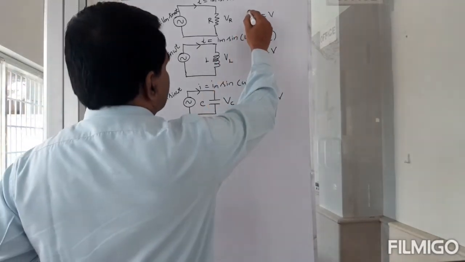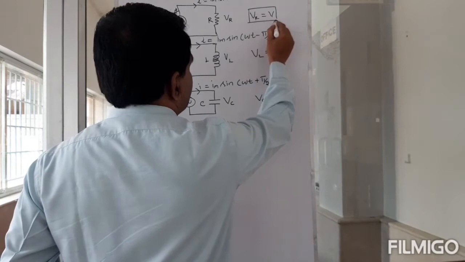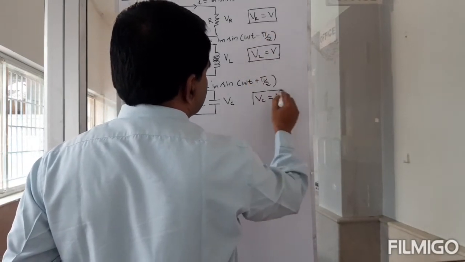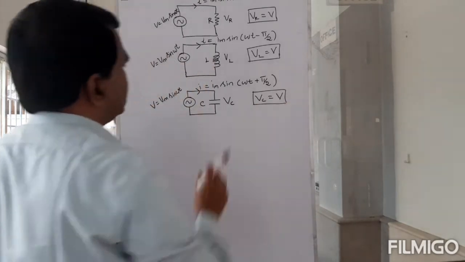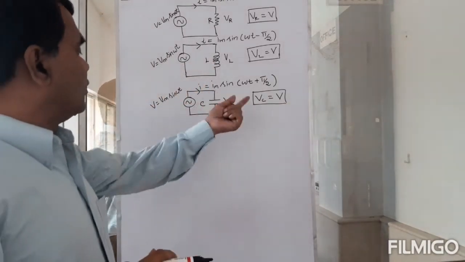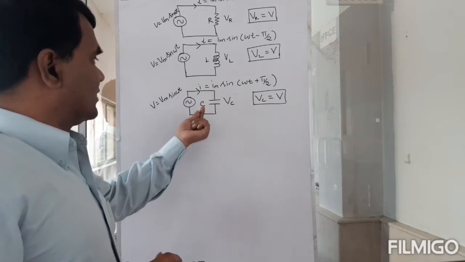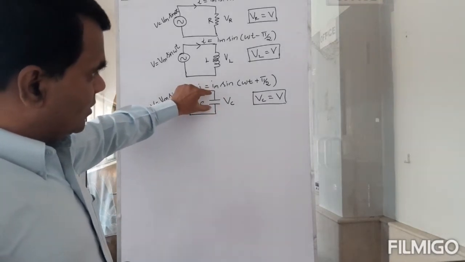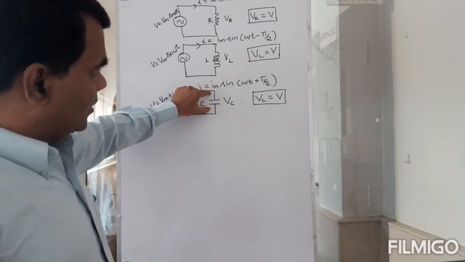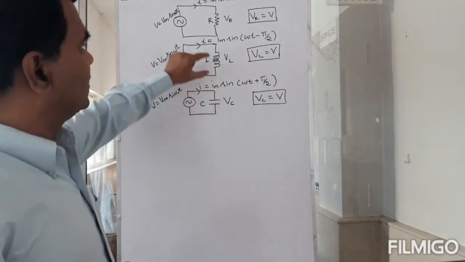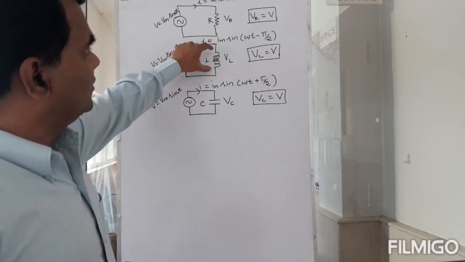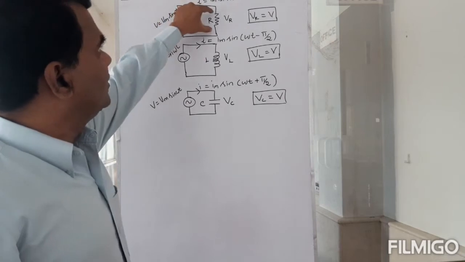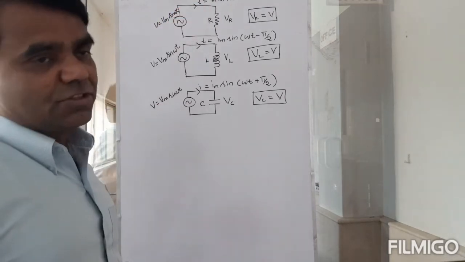I want you to focus on this. I want you to pay attention to this. There is no voltage drop in this circuit other than across this capacitor. Then again, there is no other voltage drop than across this inductor. And there is no other voltage drop than across this resistor.